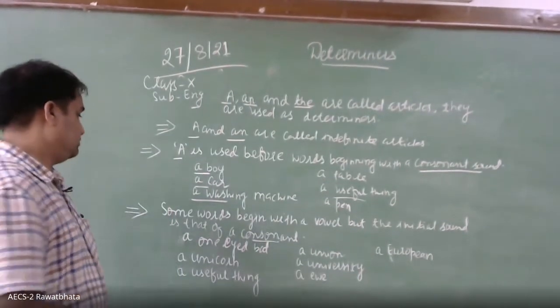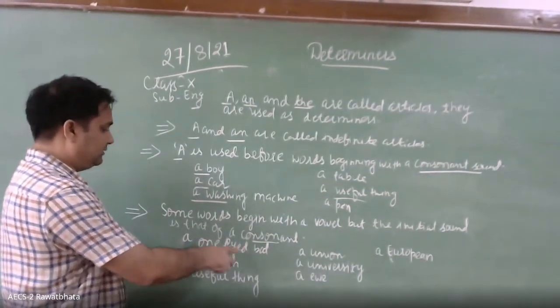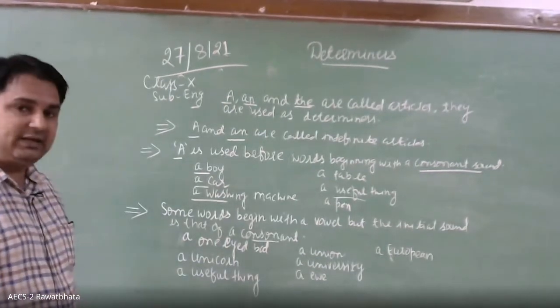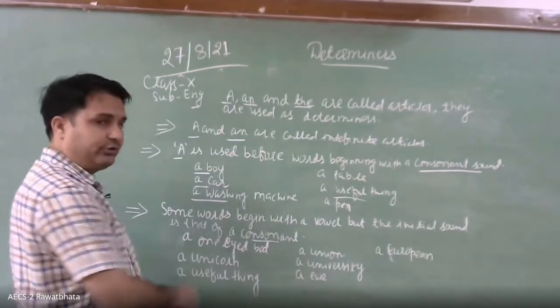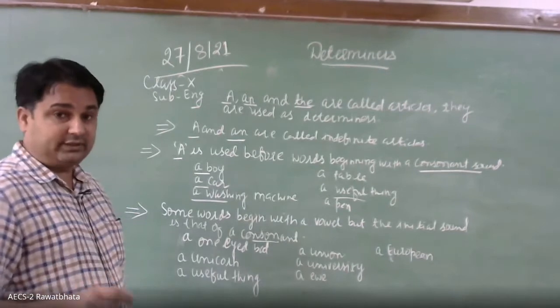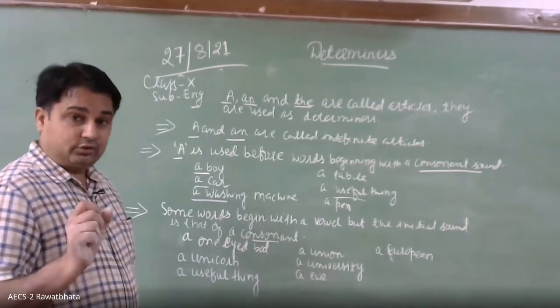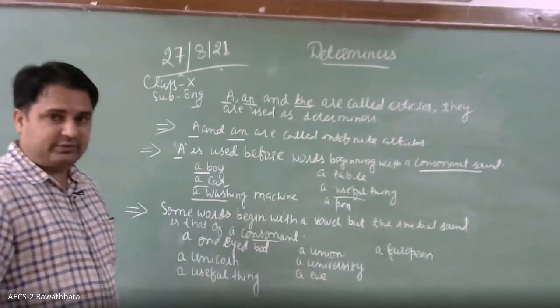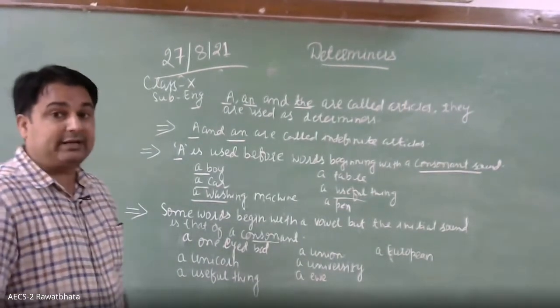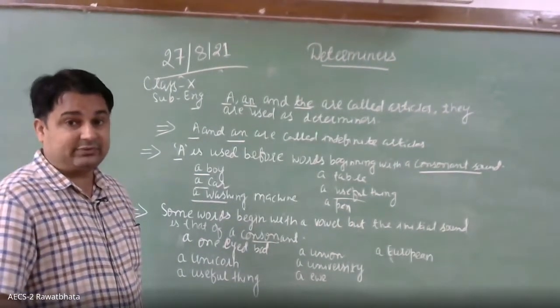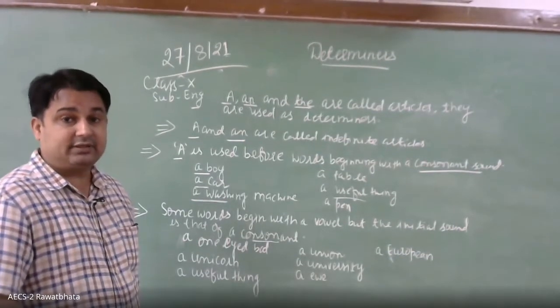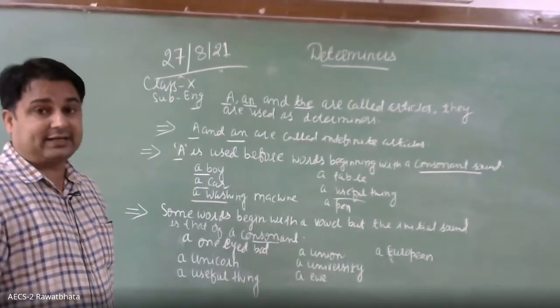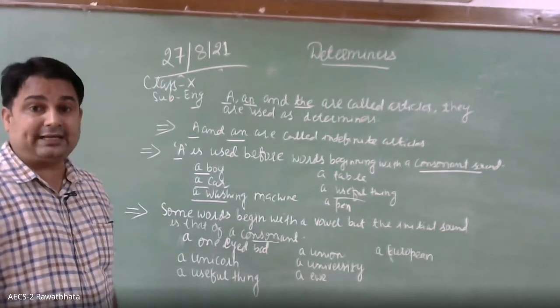So these are a one-eyed bat, where the word has a w sound. Unicorn, U sound. Where you find a U sound at the start, a is to be used. But umbrella has an A sound, empire has an A sound. So where you are getting a vowel sound, there you have to use an.